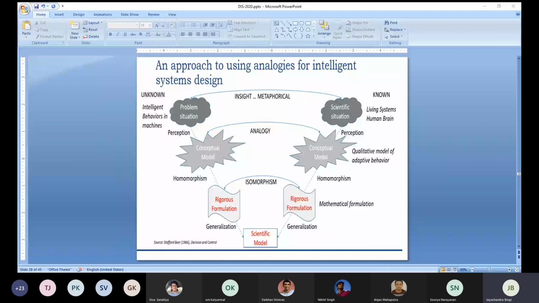So behaviors can be explained with respect to mathematical functions also. Function, hope you know already, is nothing but a combination of a few variables, which depends on a few variables. If you can explain the functions or the behavior with some mathematical function, then that will give you the rigorous formulation of a mathematical model.